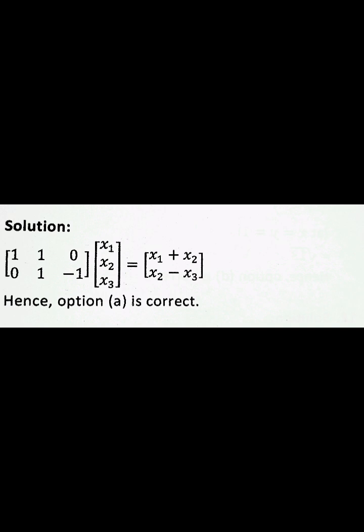So let us take option 1, that is 1, 1, 0, 0, 1, minus 1 into x1, x2, x3. We get the answer x1 plus x2 and x2 minus x3. So we get the matrix that is mentioned in the question. So the answer is option A.